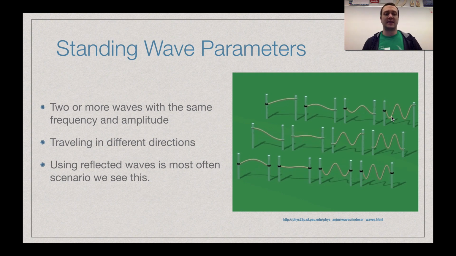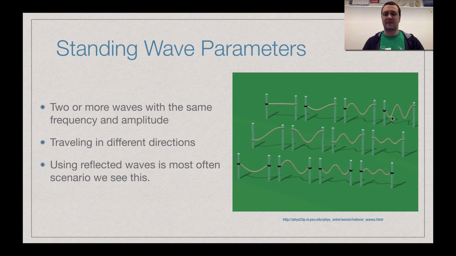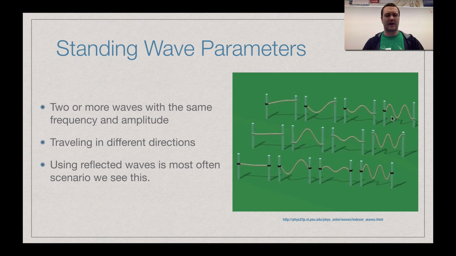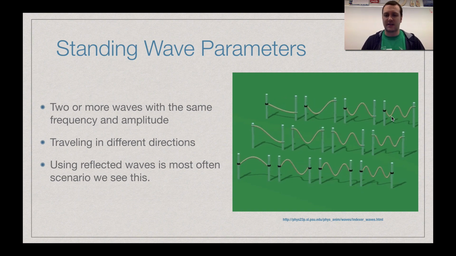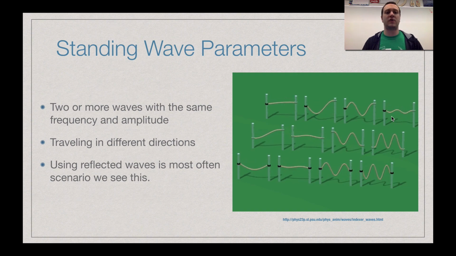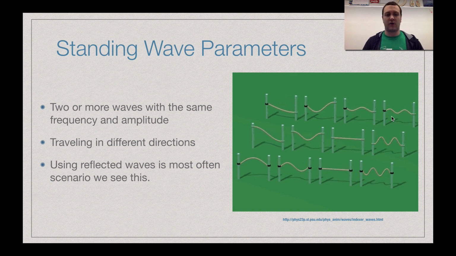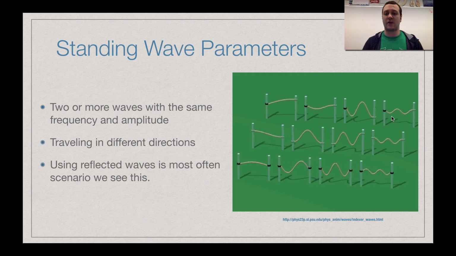If you get different amplitude waves, it's not going to work out in a nice, neat fashion. You get some weird, goofy looking wave that's not continuous and it's very chaotic looking. So they need to have the same frequency and the same amplitude. If one of those is off, you don't produce a standing wave. You produce a chaotic looking wave.